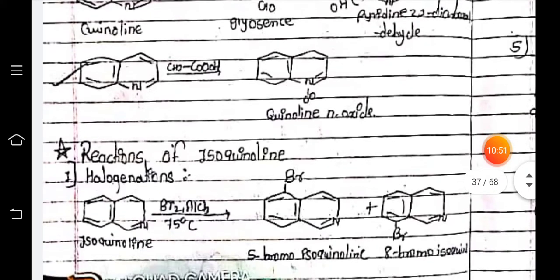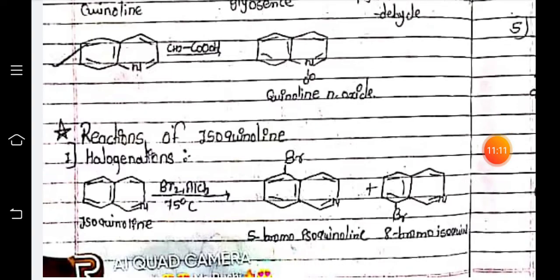Next is the reaction with CH3COOOH, a peracid. This peracid is also a good oxidizing agent, having 3 oxygen atoms in the compound. It easily gives 1 oxygen atom to the nitrogen atom. Nitrogen has a lone pair of electrons which is not involved in the delocalization.